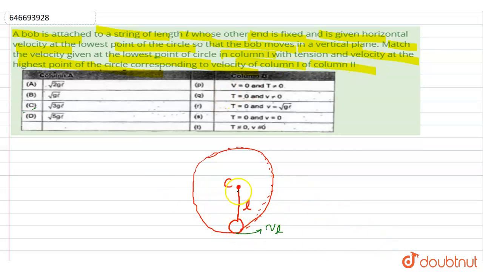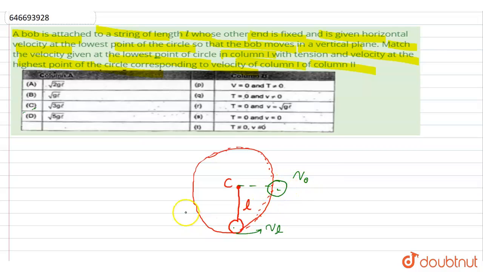Suppose, guys, this is the highest point. If we take some velocity VL, obviously the bob moves to this position, and at that position the velocity becomes 0.